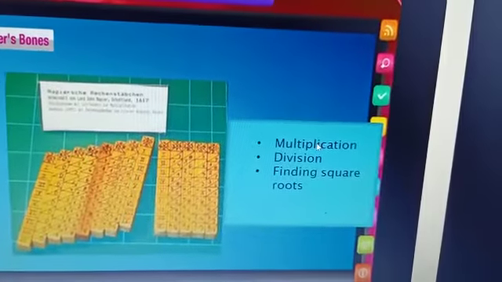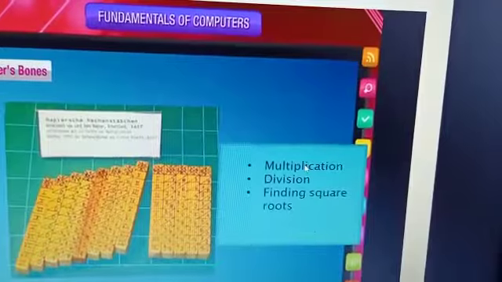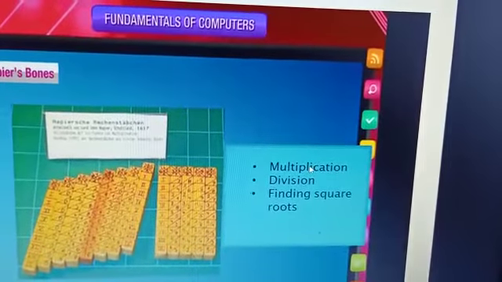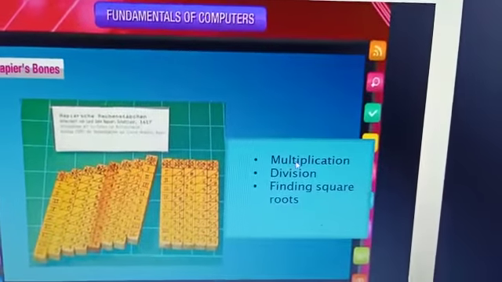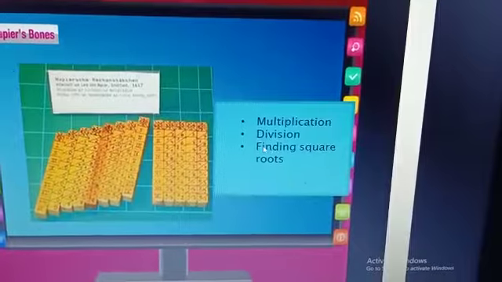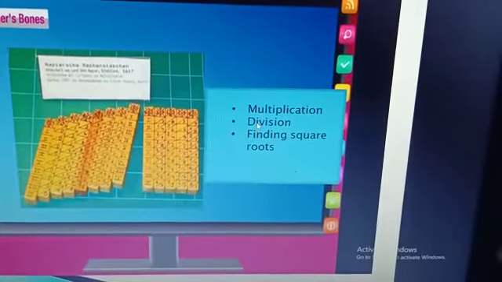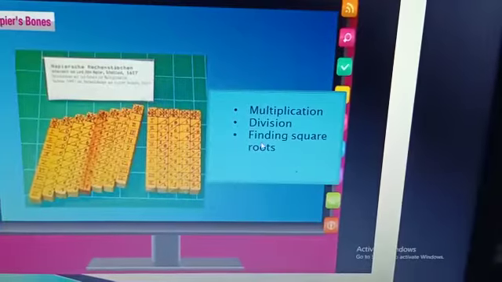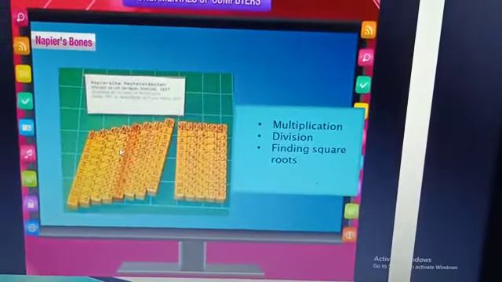Multiplication. And later on, an improved version of this device was used for division and finding square roots of numbers. At first, it was used for multiplication, and when the improved version came, division and square roots can also be found using this device, Napier's bones.